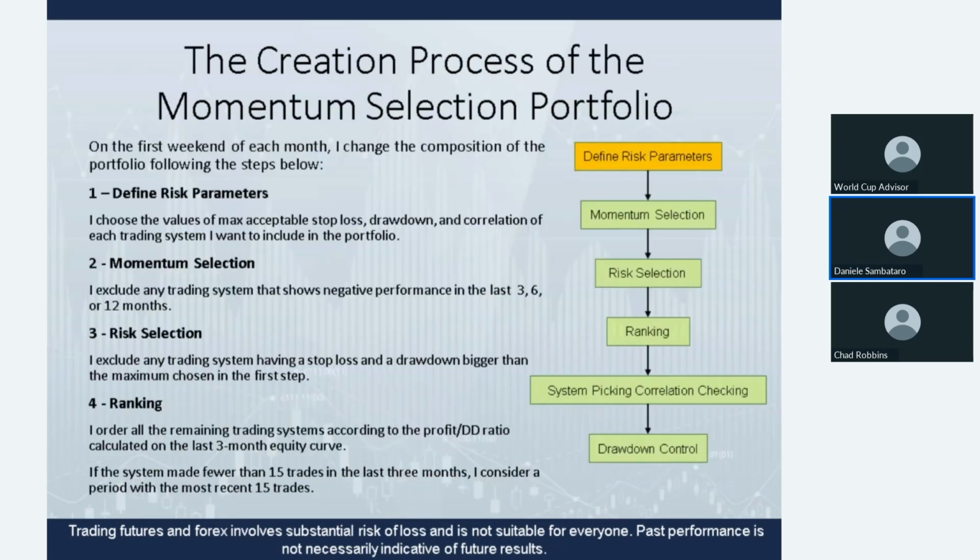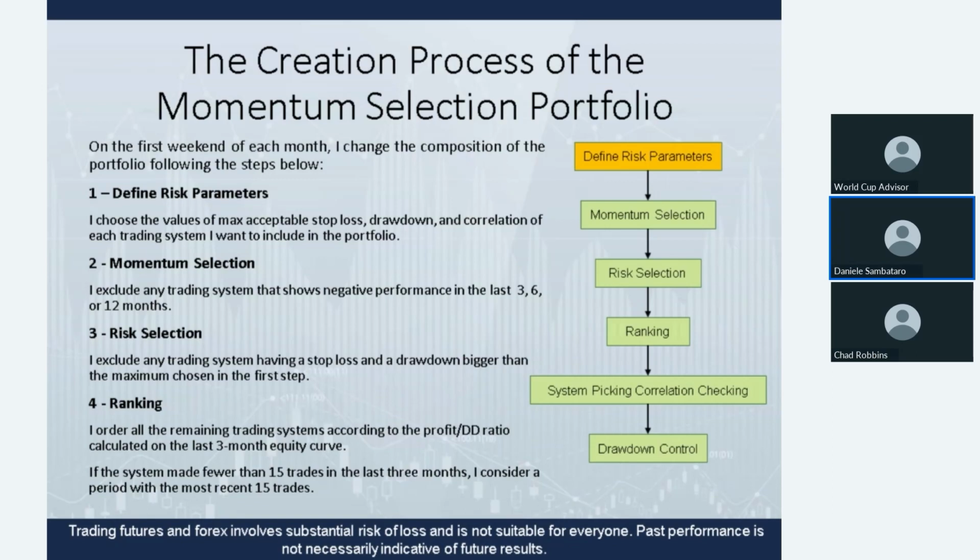On the first weekend of each month, I change the composition of the portfolio following the steps in this diagram. The whole process is performed by proprietary software, and it's fully automated. First of all, I define the risk parameters.